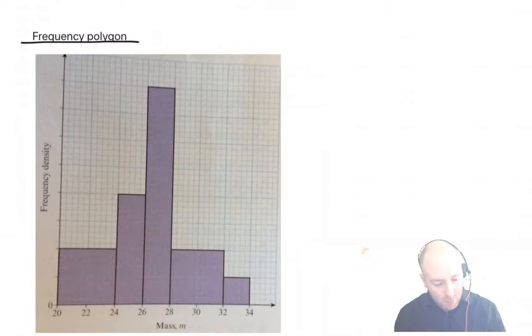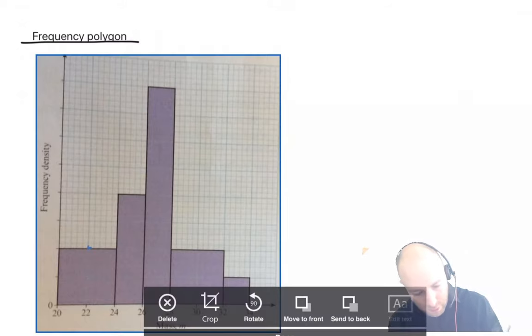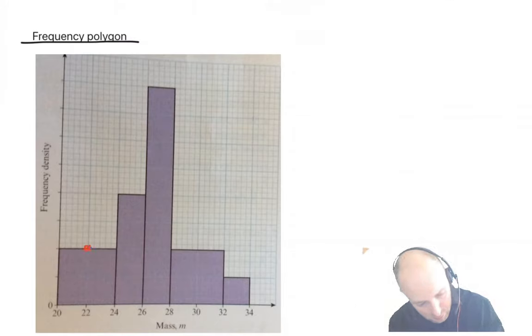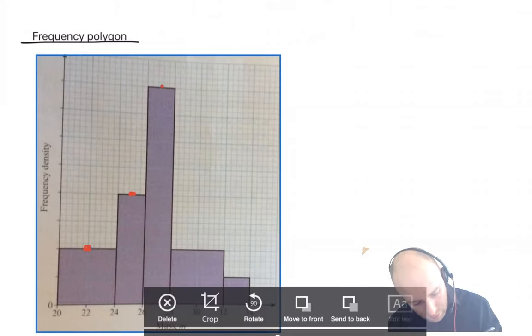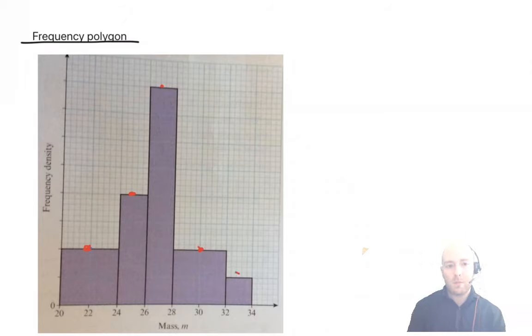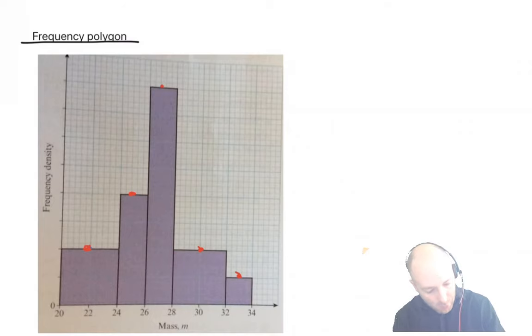Basically, all we need to do is join up the middle of the tops of each of these bars. So I'm going to put some dots on these just so you guys can see what's going on. So put some dots on the middle tops and let me join them up.